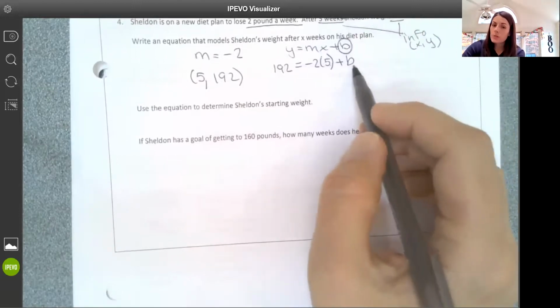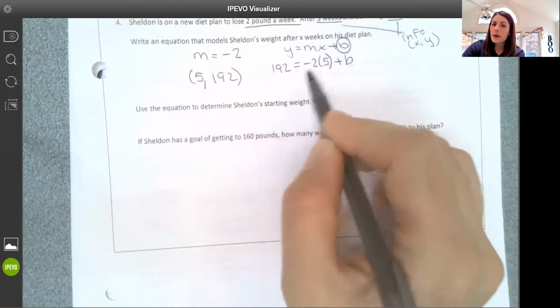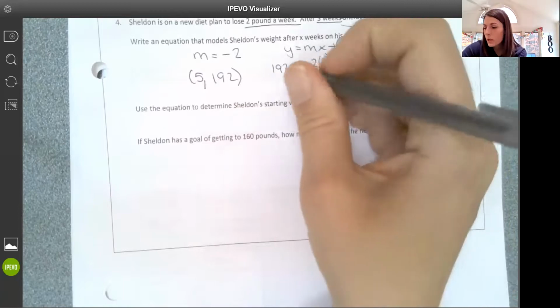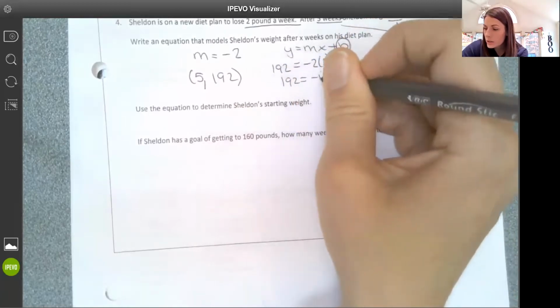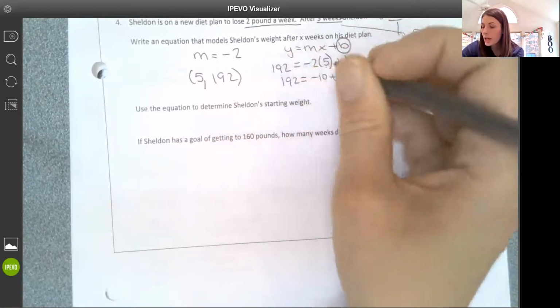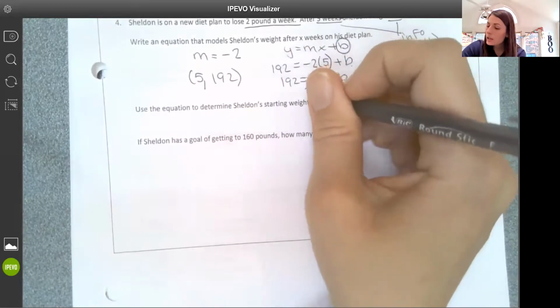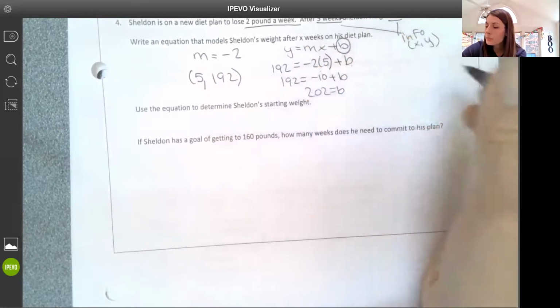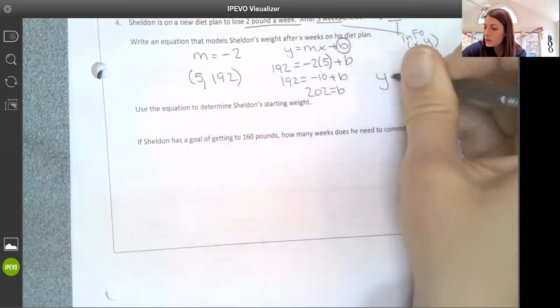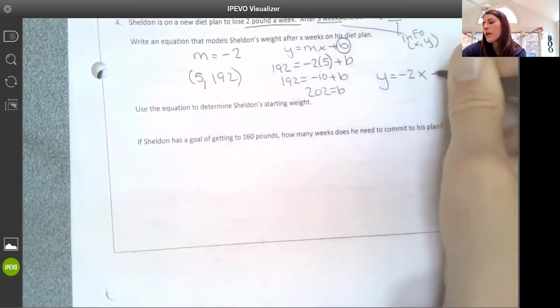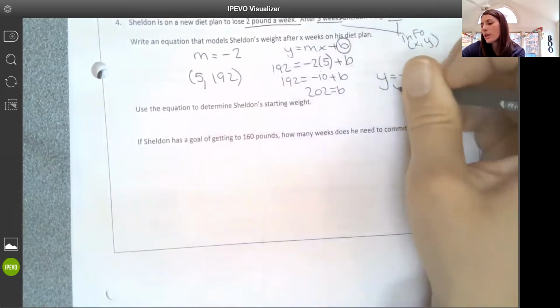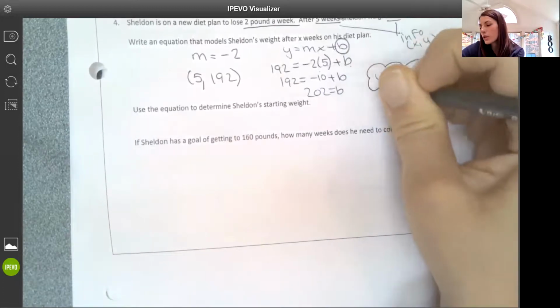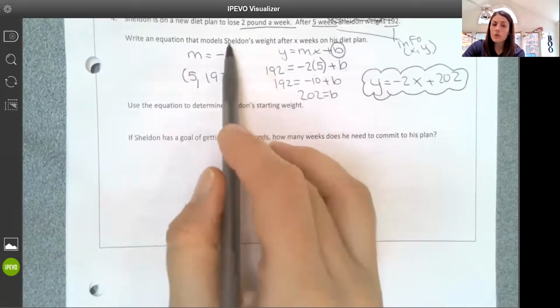What I don't know is my b value. Okay, so I have an x, y, and m. I'm going to find b. 192 equals -10 plus b. Add 10 to both sides, and I get 202 equals b.